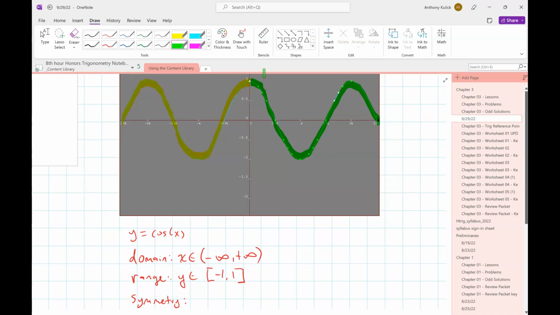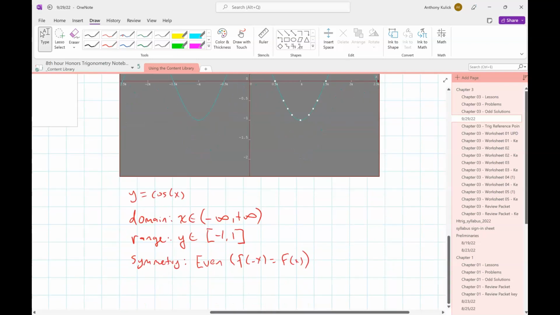That was what we called even symmetry, when we're symmetric about the y-axis. And to show something was even, again, you want to show f of -x is equal to f of x. Just squeezing a little bit of that review in there, connecting back to chapter 1.